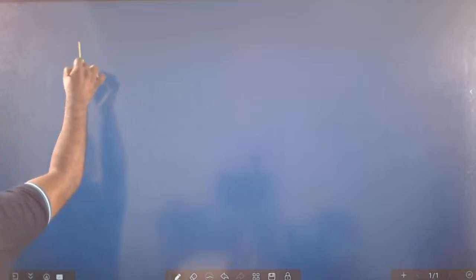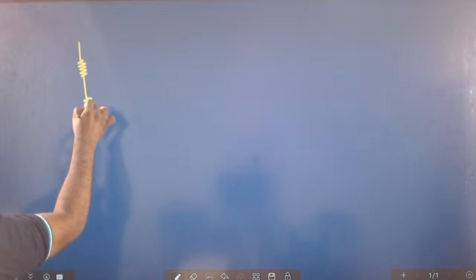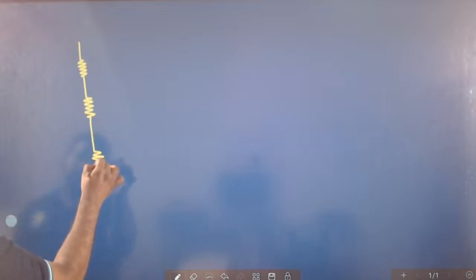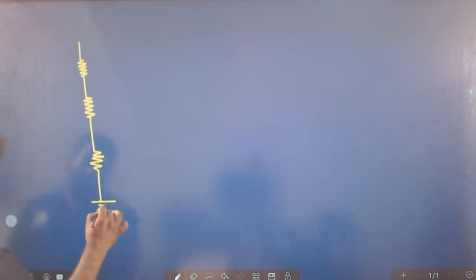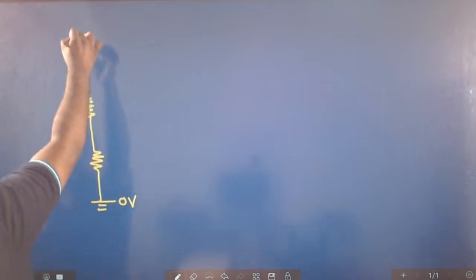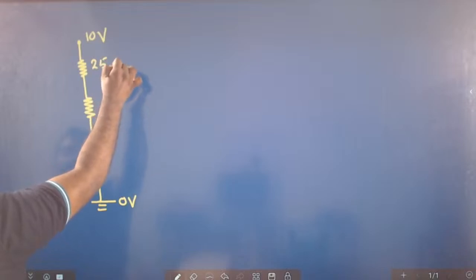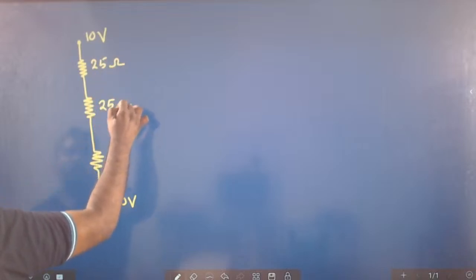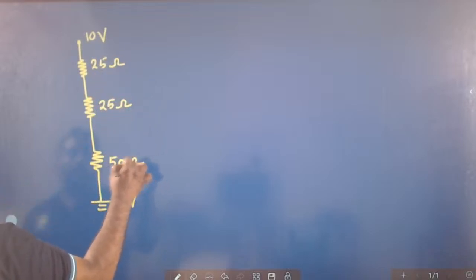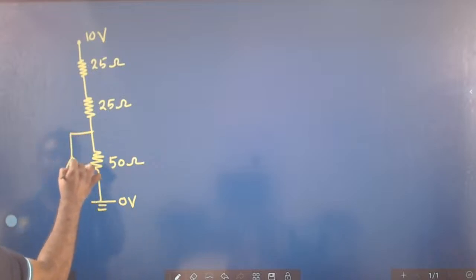So here you have 25 there, 50 there, grounded here 0, 10 volts there, don't forget. 25 ohm, 50 ohm, diode.